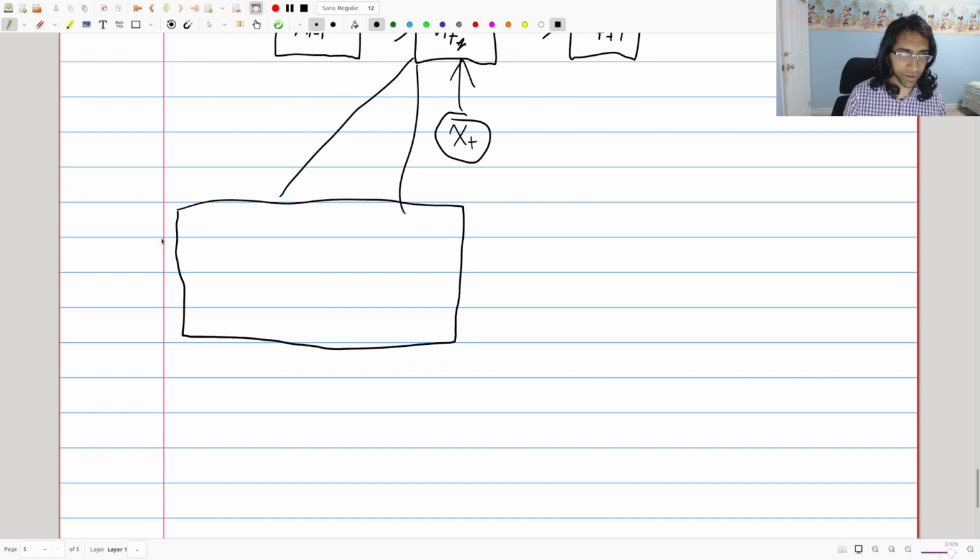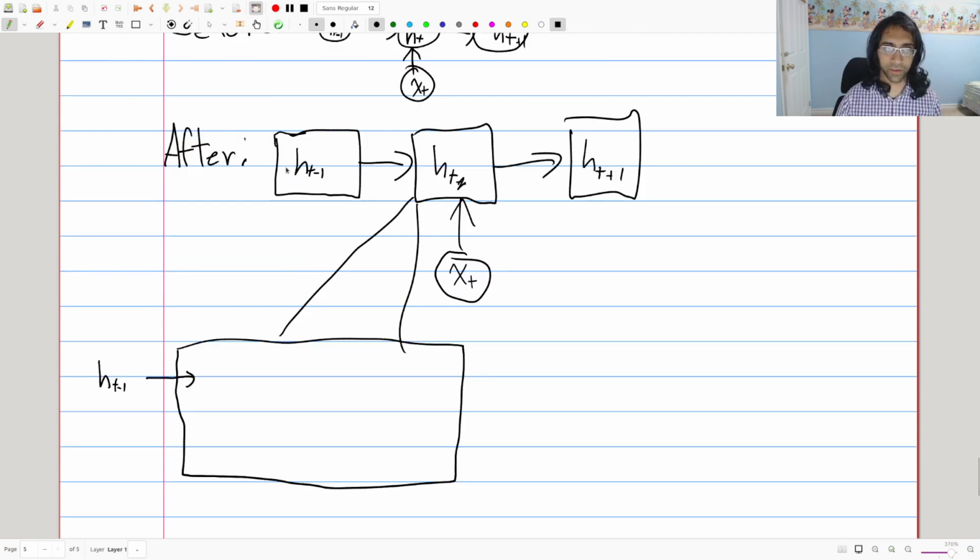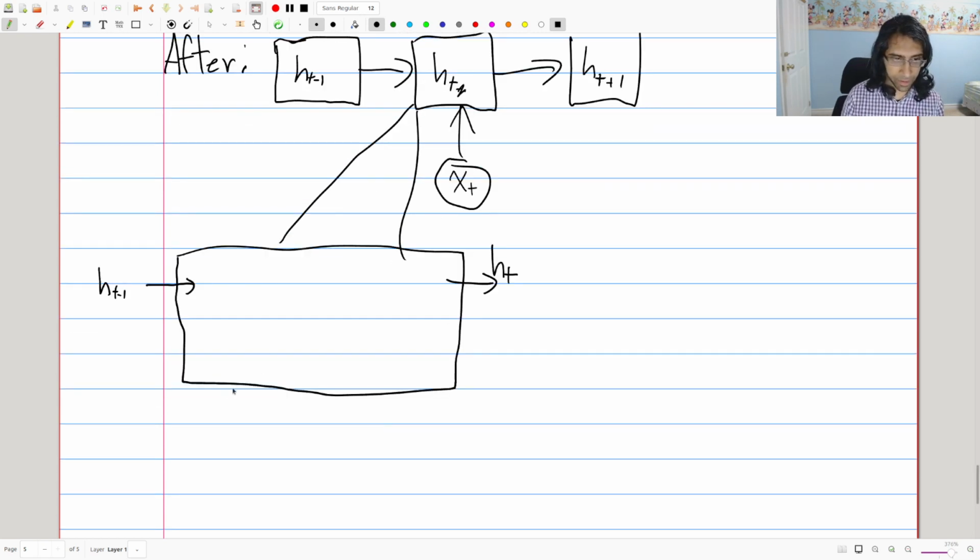There's going to be a few different neurons and different things we do with signals here. This is going to be feeding in h sub t minus 1, so not too different from what we had here. We're also going to have, as an output, h sub t. And as another input, we're going to have the input x sub t.